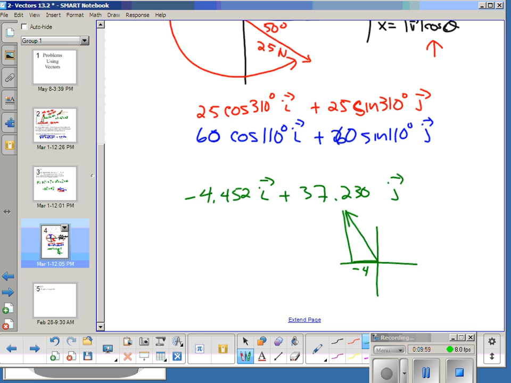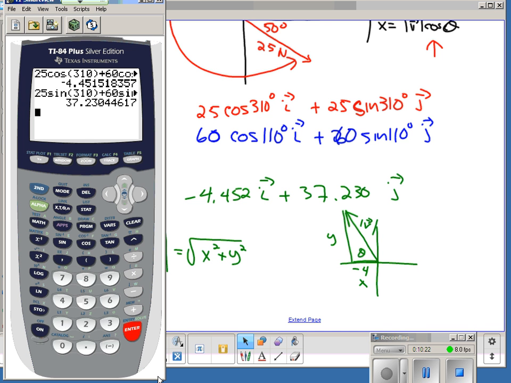But what I really want is the magnitude and the angle. So I want the magnitude of that vector. So this is my x-coordinate, this is my y-coordinate. The magnitude of my new resultant vector is going to be the square root of x squared plus y squared. And the storing makes this super easy.